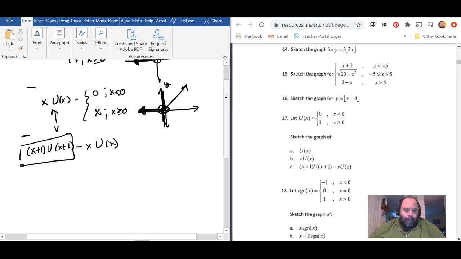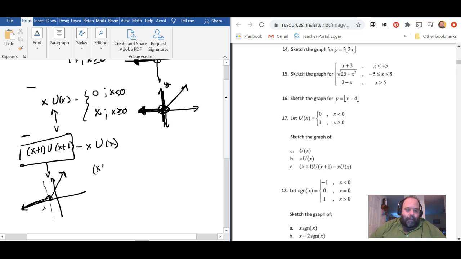This is just this shifted to the left by 1. So if I were to graph this, my change line would now be at -1, and I'd be 0 here, and then I'd fill that in and go up 1 over 1, right? That's how I shift this to the left 1.